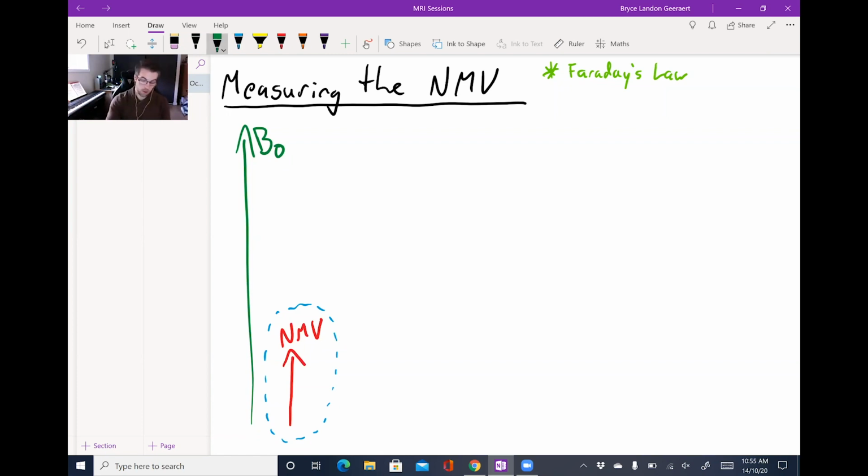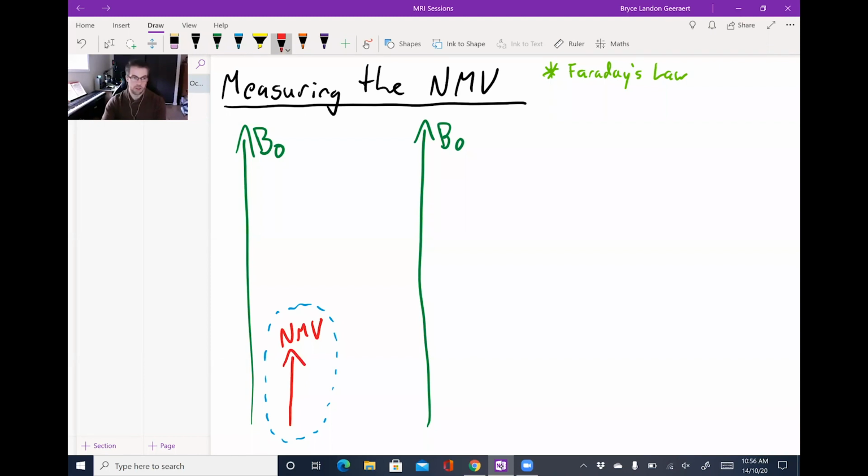Instead, the goal is to draw our B0 field again and draw our net magnetization vector. We want to basically tip it into some other orientation so that we can look at the transverse component instead of the vertical component of this vector.